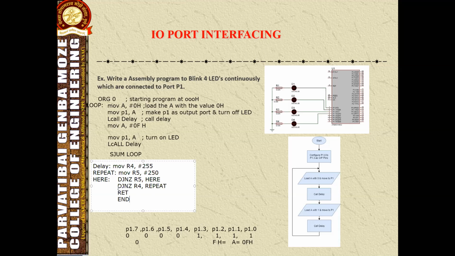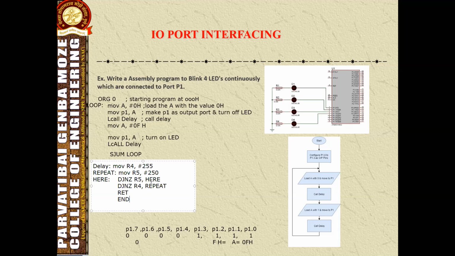It will come here and decrement, DJNZ of R4. It will decrement the value of register R4, whatever value is stored in R4. After decrementing, it will jump to repeat. So where is repeat?